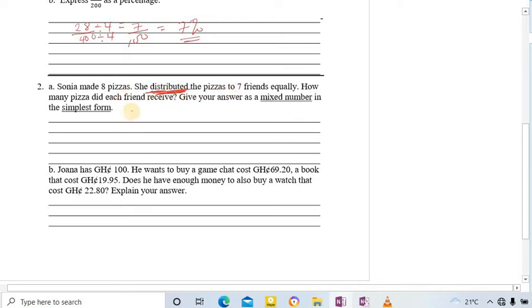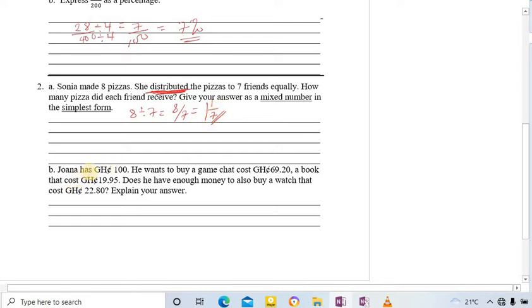So we have 8 divided by 7. Division problems can also be written as fractions, so 8 divided by 7 is the same as 8 over 7, which we change into a mixed fraction. How many times does 7 go into 8? 1 time, remainder 1 out of 7.